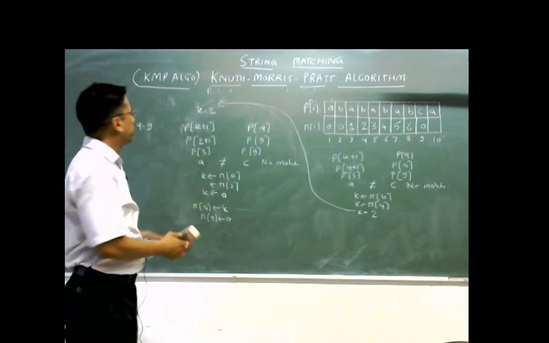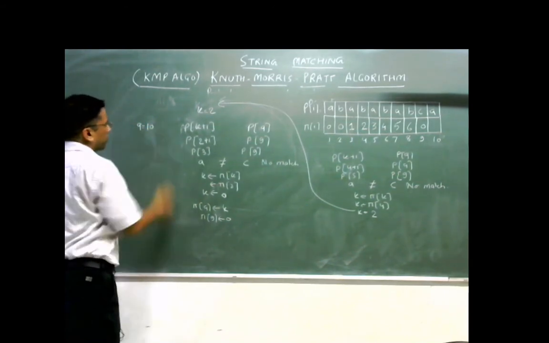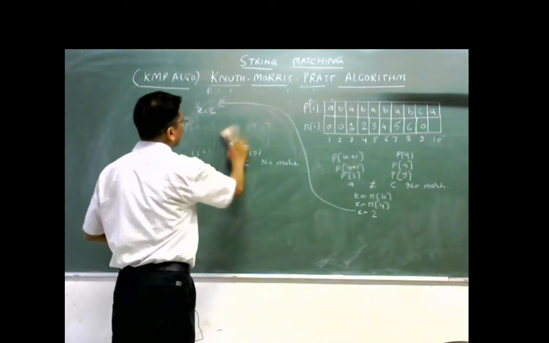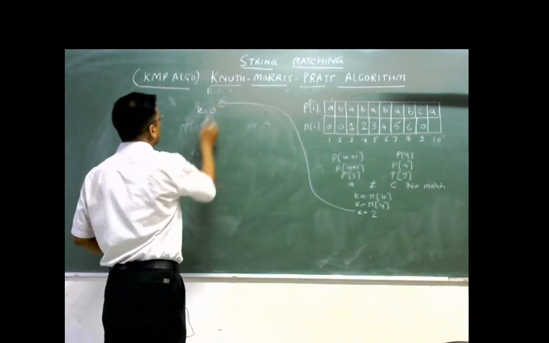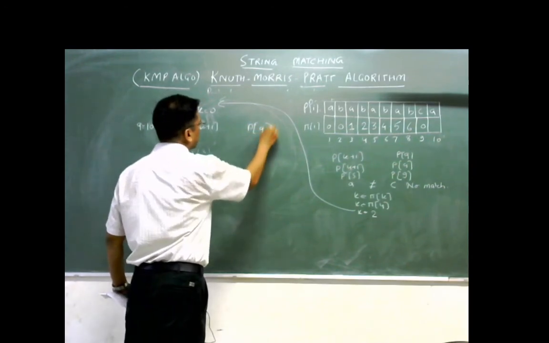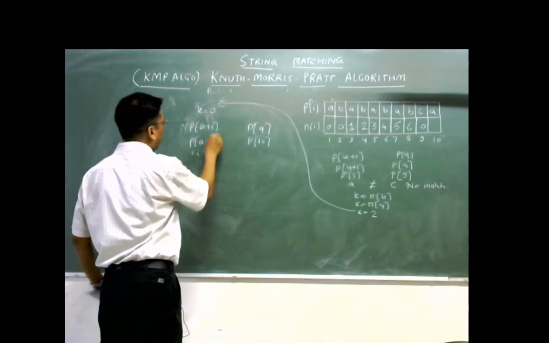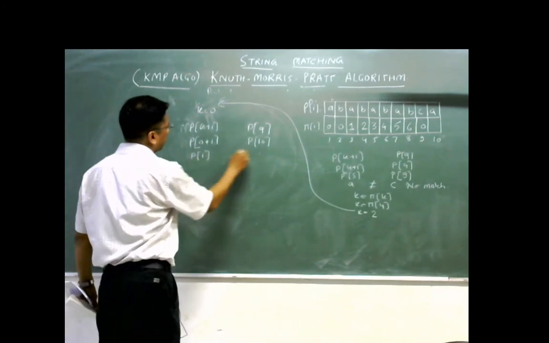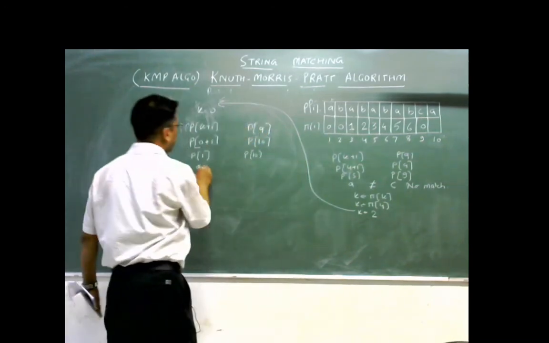Now for the next and last position, q is equal to 10, and k is equal to 0 now. We check p k plus 1 and pq. pq means p10, and this is 0 plus 1, so p1 and p10. p1 is equal to a and p10 is equal to a.